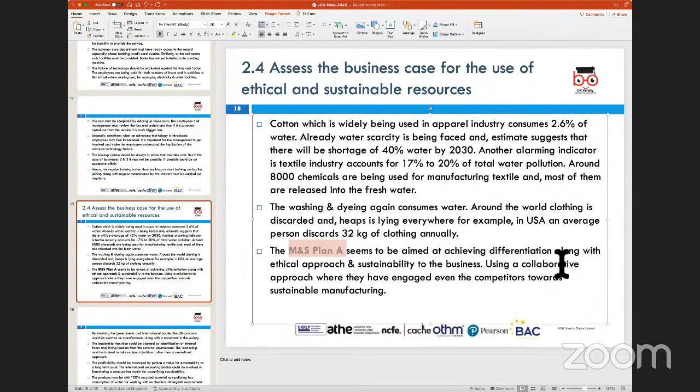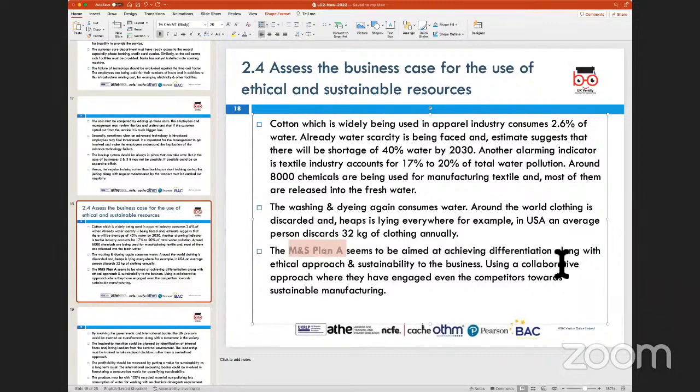It leads to wastage in terms of water, it leads to wastage in terms of the cotton that they use, and obviously it also produces clothes which use around 8,000 different chemicals. These chemicals or byproducts after the cloth has been produced cannot be released into our rivers because they can damage the ecosystem in the river and the flora and fauna.